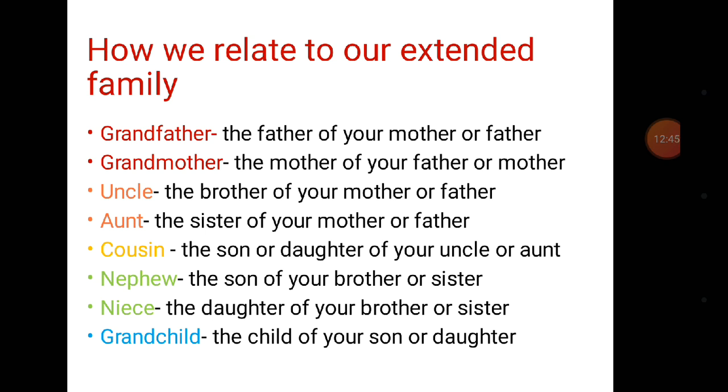If I give birth to a boy and my son gives birth to a child, that child is also my grandchild. So if it's a daughter or a girl, then that will be my granddaughter. And if it's a boy, that will be my grandson. I hope you now know how you relate to your extended family. Good.